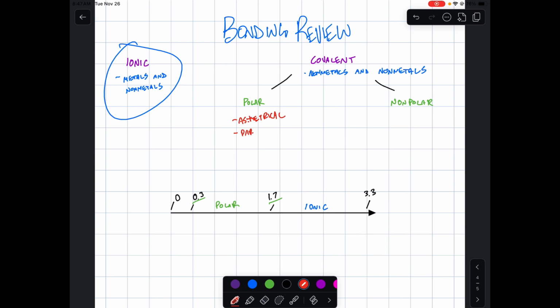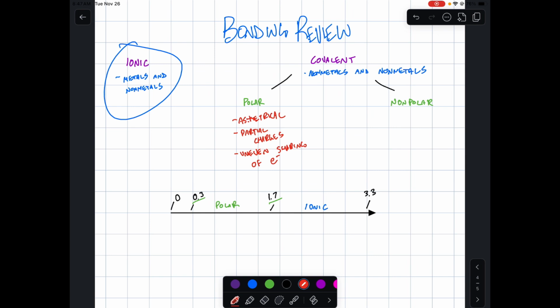So we have partial charges. What this means is that the more electronegative element is going to pull the electron closer towards it, increasing the electron density around the more electronegative element. So the electrons are going to be unevenly shared. Uneven sharing of electrons, okay?